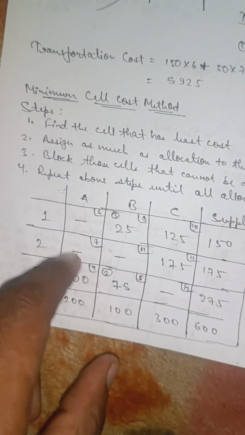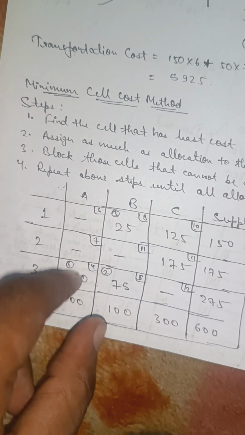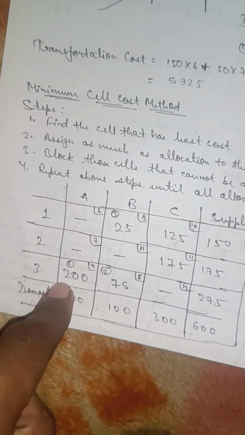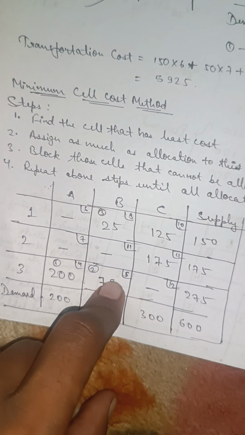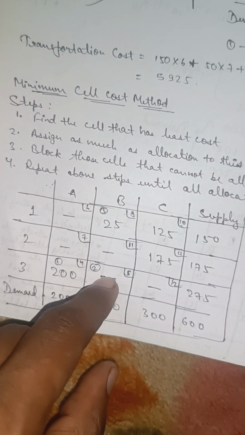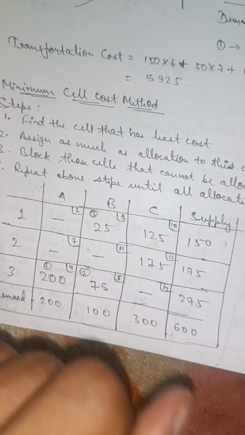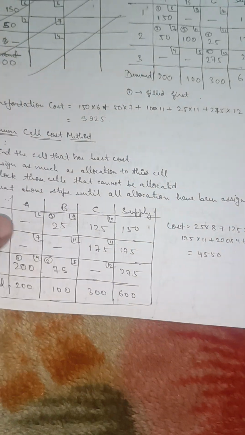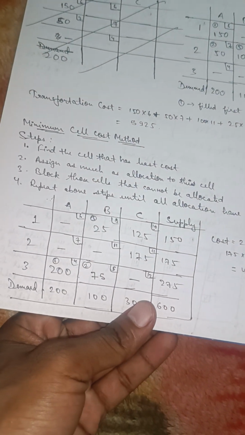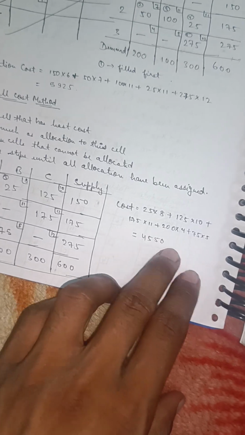The rest of these got cancelled, because we filled 200, which was the total demand of this row. So comparing these values, we have only the third one, which is the least and available, is 8, so we will fill 25 here. And likewise all the least cells are filled, and the answer comes here.